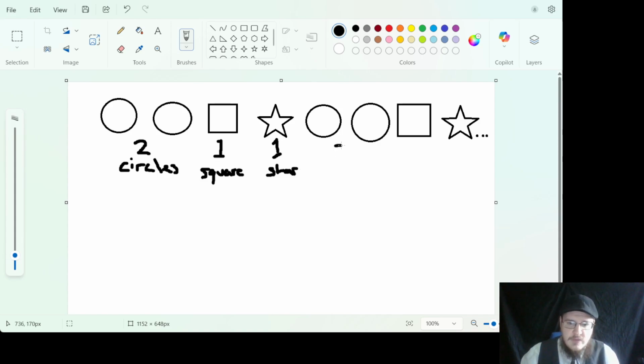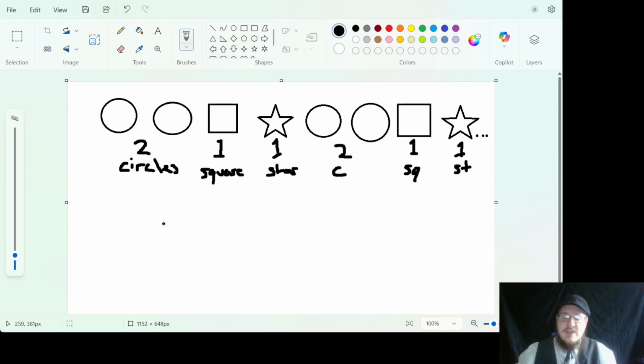Then again, I'm going to say 2C for two circles, 1 SQ for square, and 1 ST for star. Okay? Two circles, one square, one star. Two circles, one square, one star. Then it'll be two circles, one square, one star, so on and so forth, all the way to infinity.